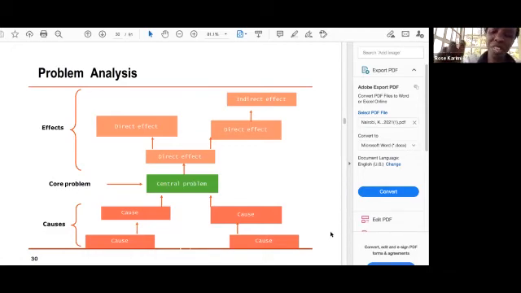And then you try to attribute these other problems as whether they are causes or effects of that particular central problem. So then we shall have something looking like a tree. We have the causes here, looking like the roots. Then our central problem is the trunk. And then these effects, which could either be direct or indirect, become the branches.